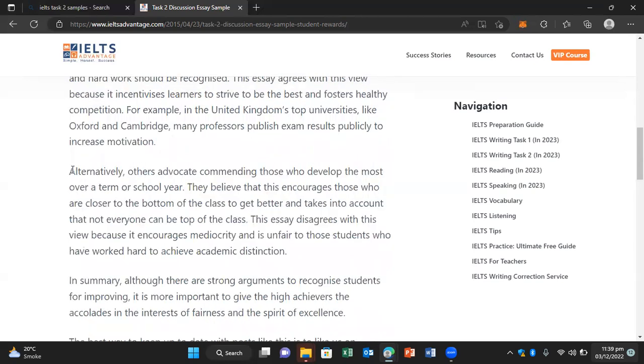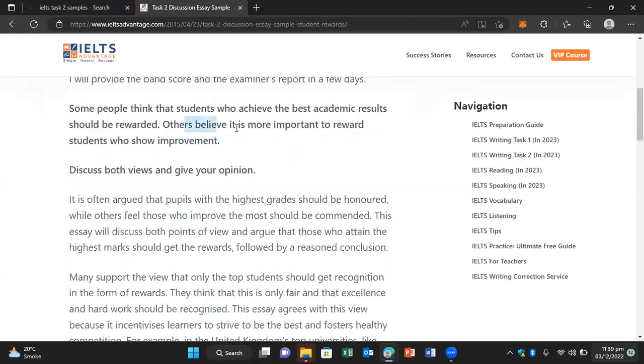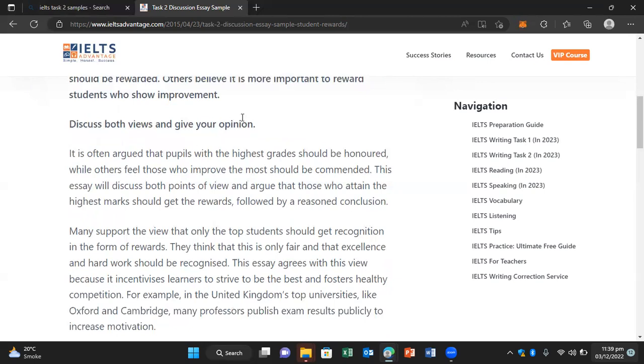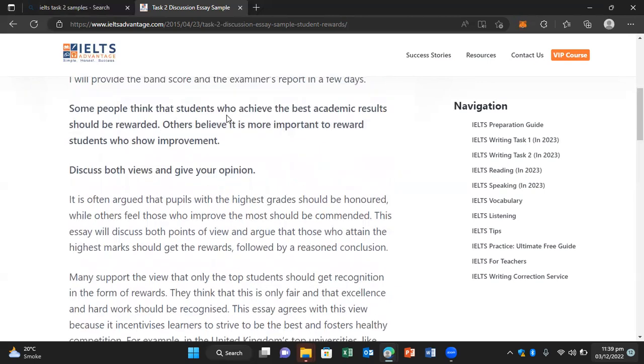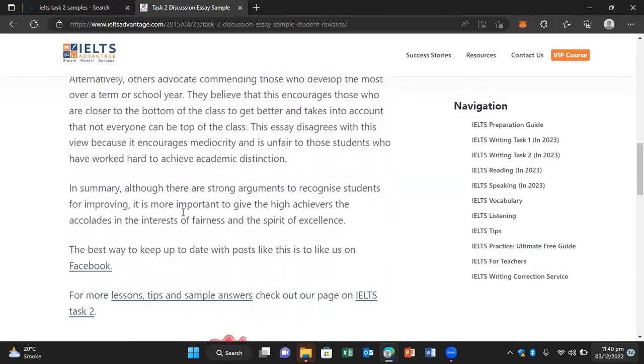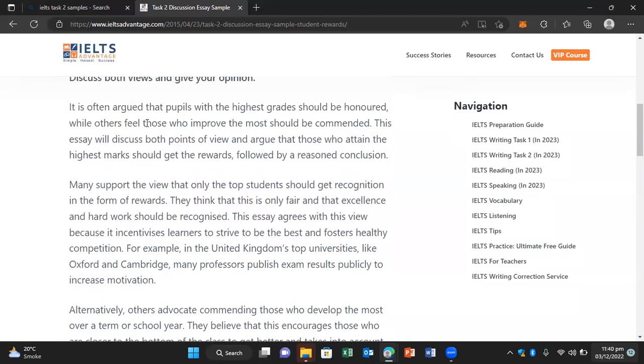And the third paragraph, you will talk about the people who, what was the second point? Others believe it is important to reward students who show improvement. So first paragraph, introduction. Second paragraph, who achieve good academic results. Third paragraph, important to reward students who show improvement. So just like that. And then fourth paragraph about summary.